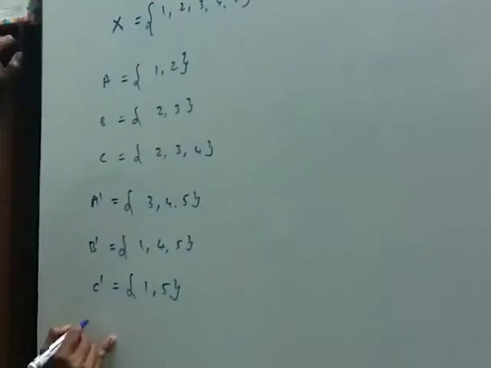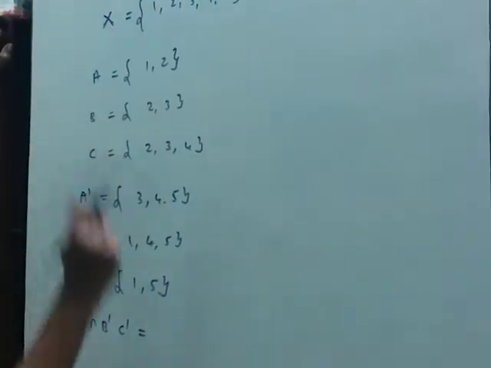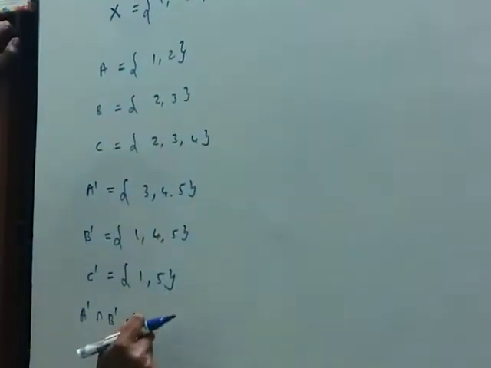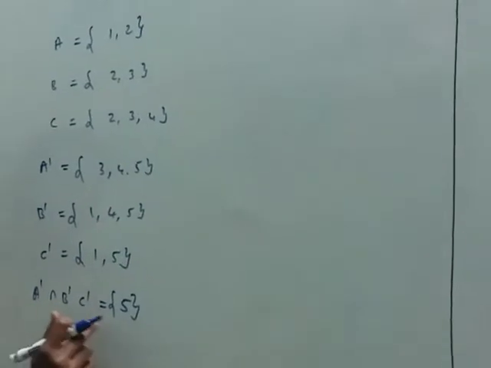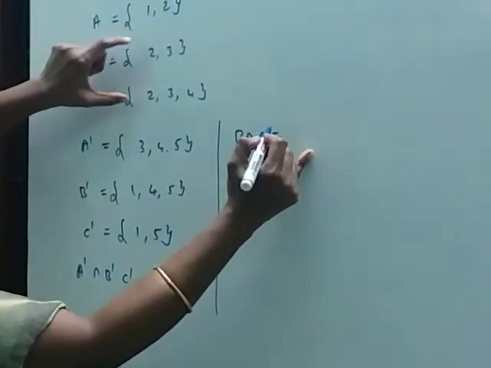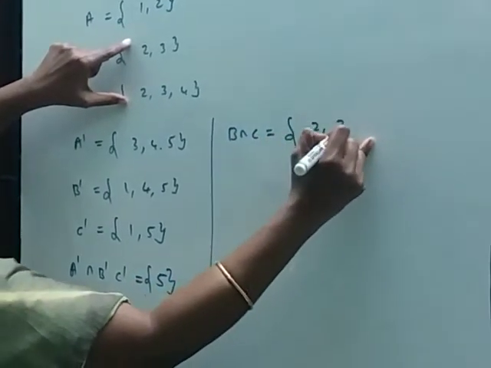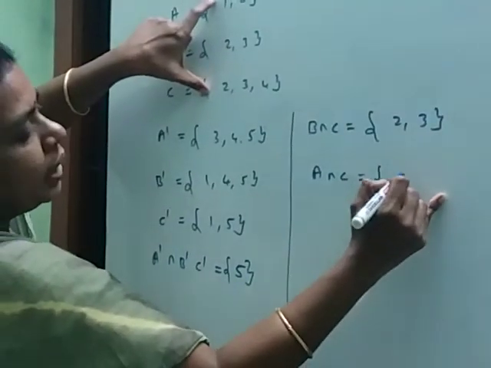So what is the intersection of these three? A dash intersection B dash intersection C dash. Here all the three sets have 5. So A dash intersection B dash intersection C dash is 5. Next, B intersection C is 2 and 3. Next, A intersection C has only 2.